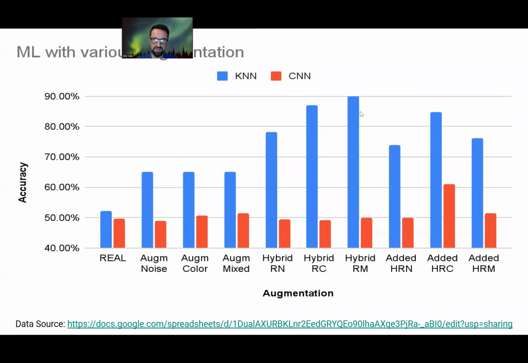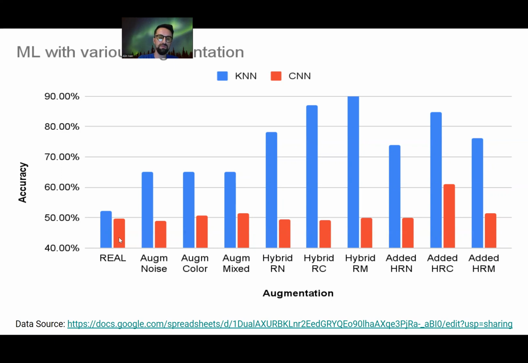Now, these are the results that have been concluded. We can observe a substantial difference between KNN and CNN. Obviously, KNN seems to be slightly better when it comes to standard classification, at least with a small number of epochs in CNN, and with a small data set, I suppose.